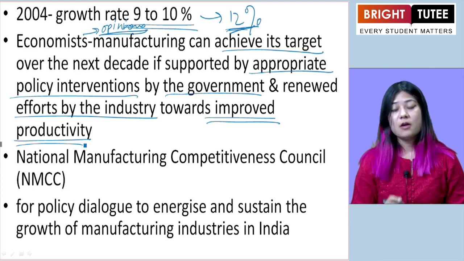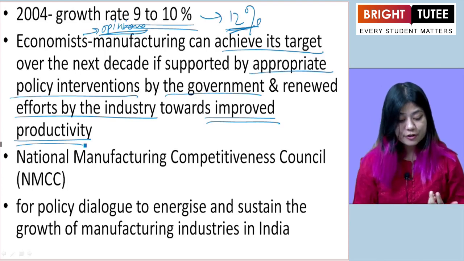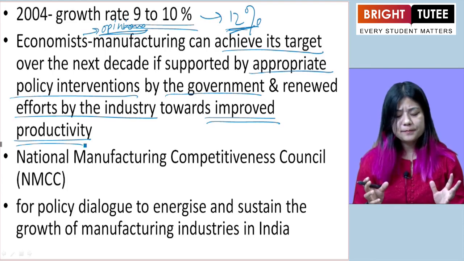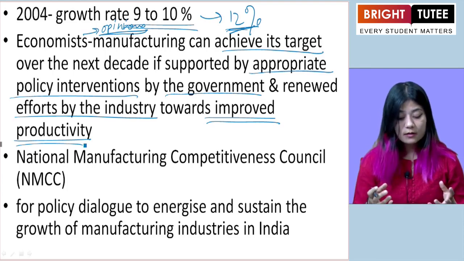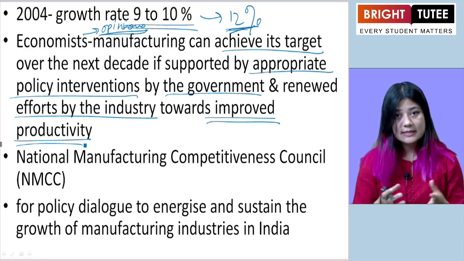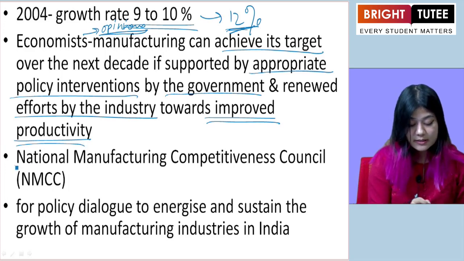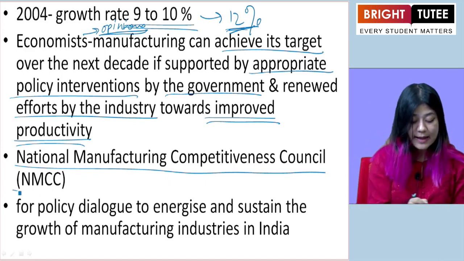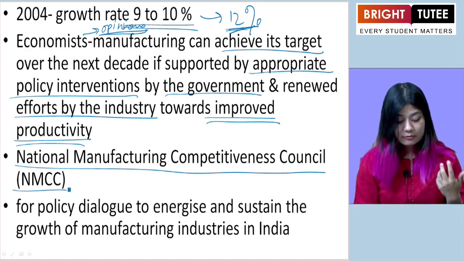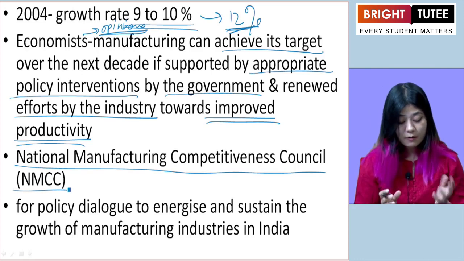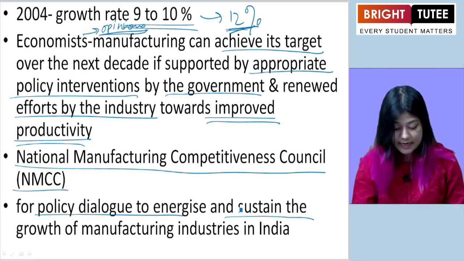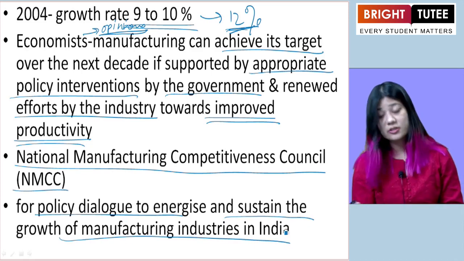Now the government of our country introduced a platform, a body, and that is called the National Manufacturing Competitiveness Council, NMCC. This was founded for policy dialogue to energize and sustain the growth of manufacturing industries in India.